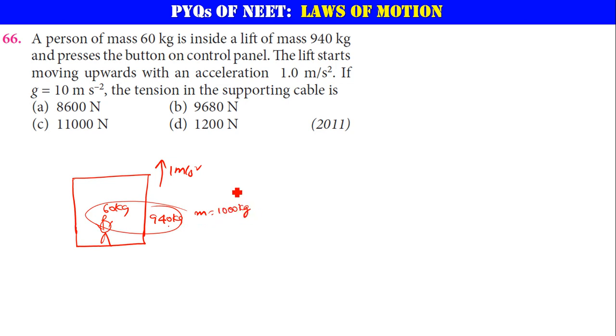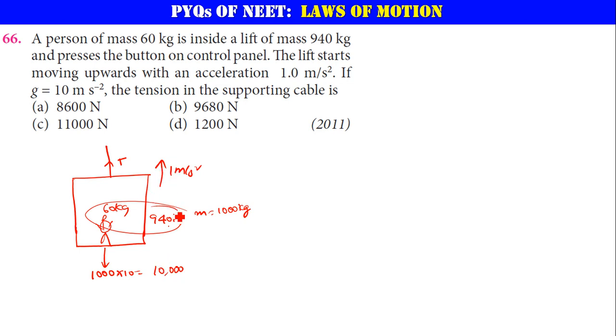Very good. Now he is asking about the tension in the supporting cable. The supporting cable is holding the lift upwards, isn't it? So here tension T will be acting upwards. Mg is nothing but the total mass of the system, 1000 times g. The g value he has given is 10, so it will be 10,000.